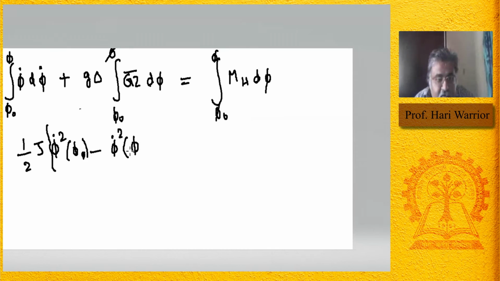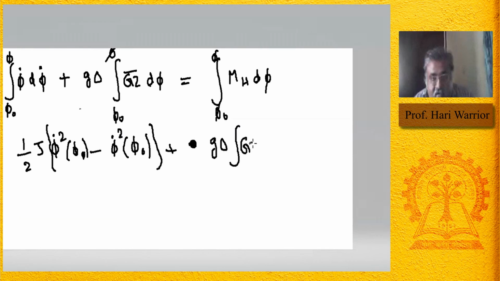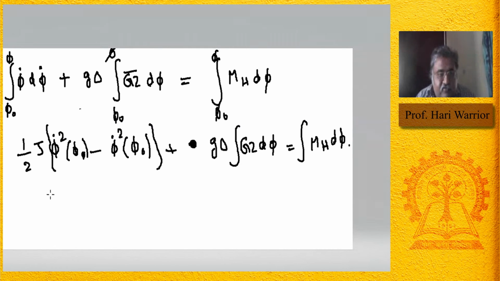Not here. This is phi minus phi 0, plus G delta into integral of GZ d phi equals integral of MH d phi.